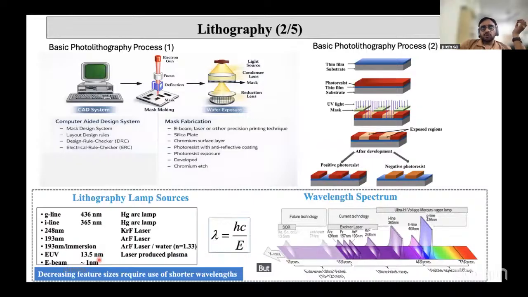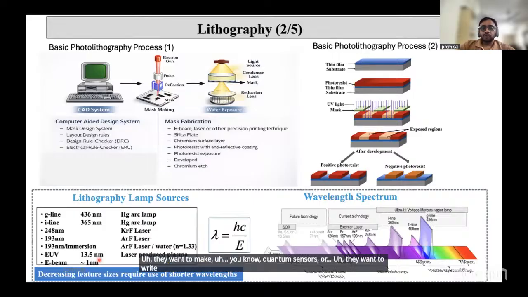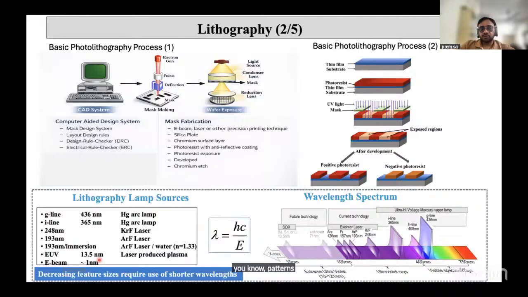But if you want direct writing, like prototypes, nowadays people want to make quantum sensors or write patterns on qubits. At that time you can use electron beam lithography.